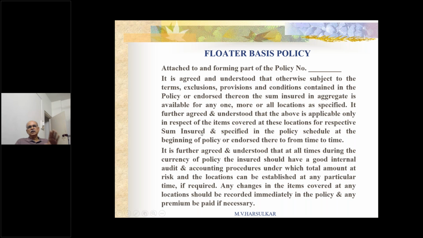So an item-wise list with the sum insured for each item is to be there in the policy, specified in the policy schedule at the beginning of the policy or endorsed thereon from time to time. So locations or equipment can be changed, but that has to be endorsed.